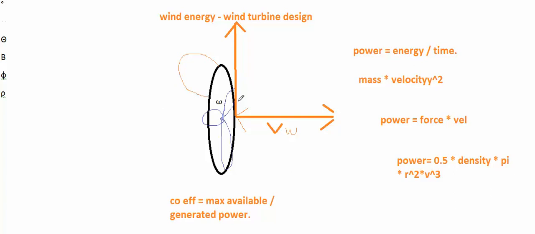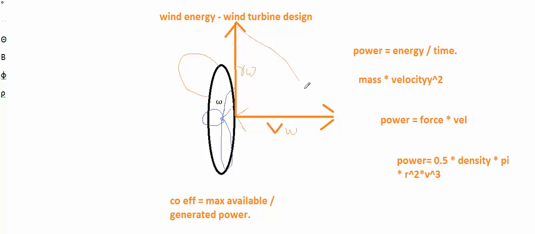It is nothing but radius times omega, so we write here r times omega. Now what do you think would be the actual velocity experienced by the element on the tip of this blade?